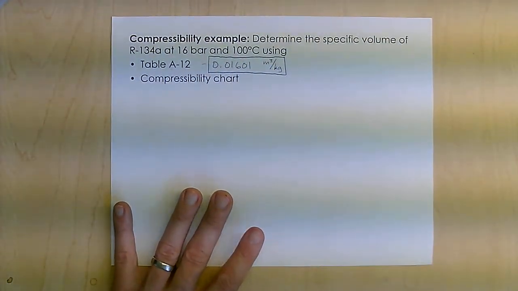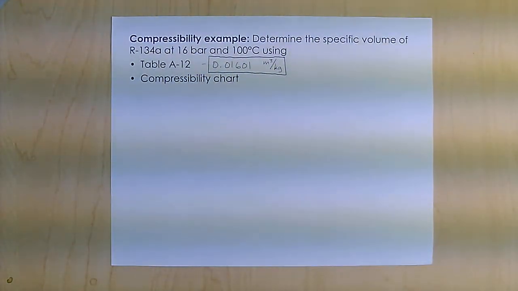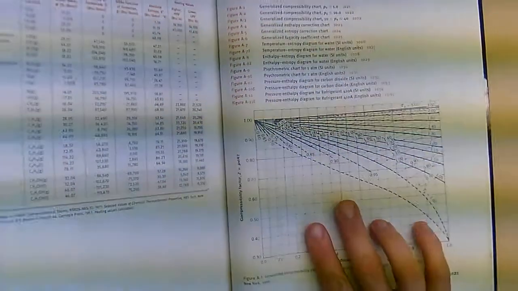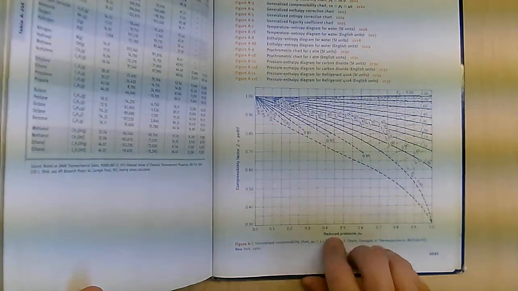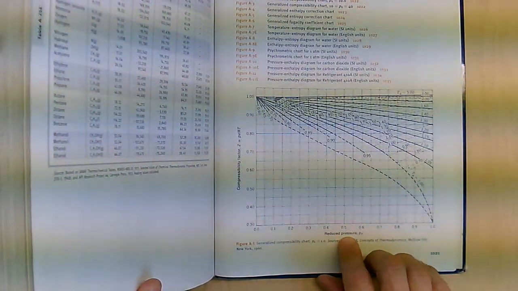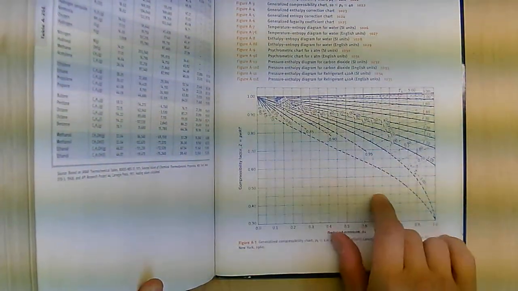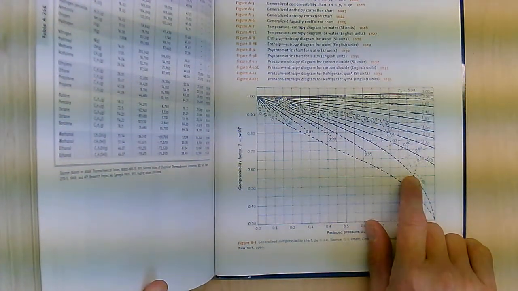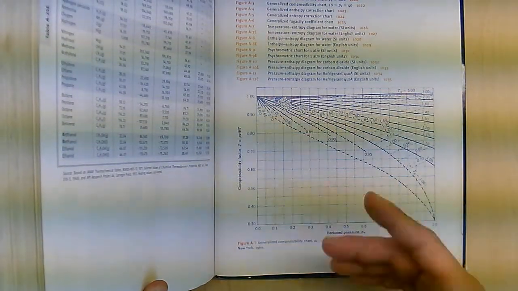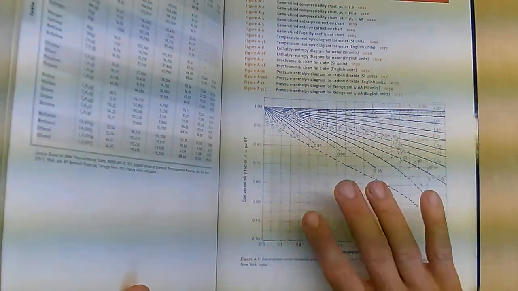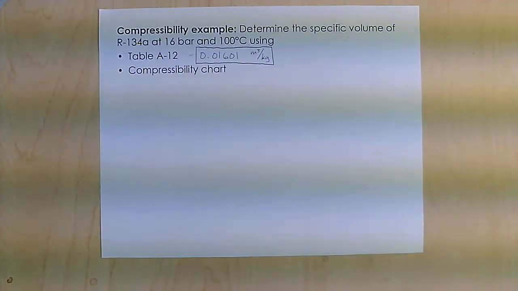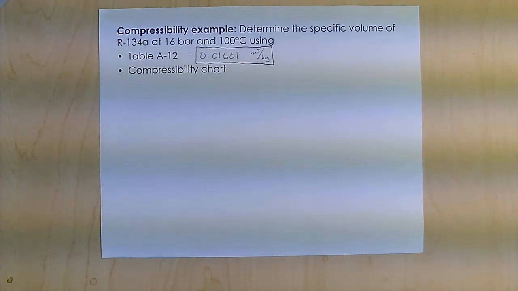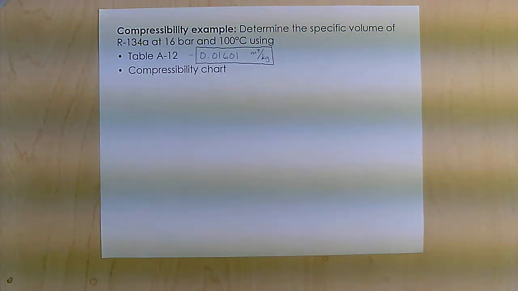Now, the other way we're going to do it is using the compressibility chart, which is this chart right here. Notice what I need for this. I need a reduced pressure and a reduced temperature, which is the temperature and pressure that I'm at compared to the critical temperature and pressure of what I'm dealing with, which is R134A.